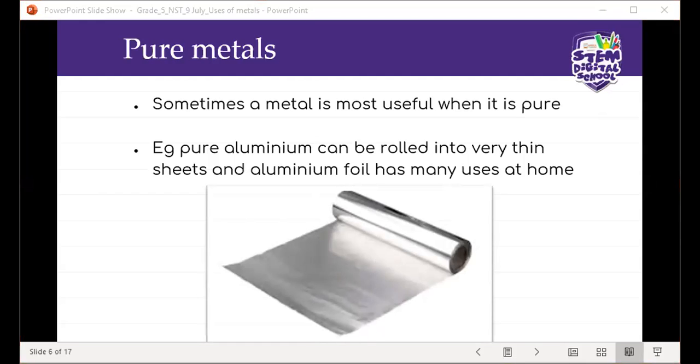It says metals are used in the construction of buildings because steel is so strong. The framework for skyscrapers and large buildings such as warehouses have a steel structure.